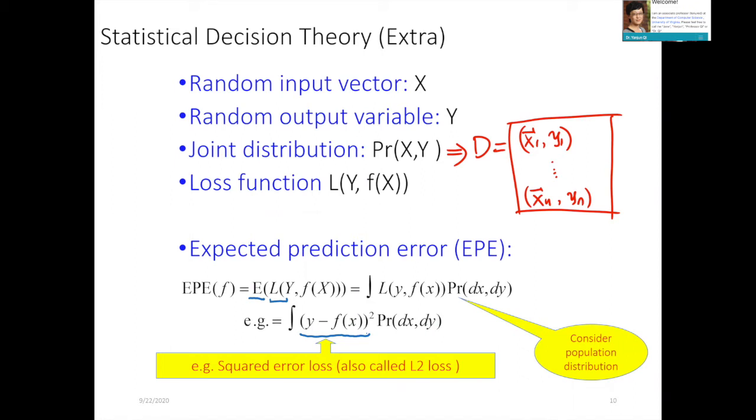The probability is then the joint probability of x and y together, and the expectation we are taking is on top of this joint probability, considering both x and y. We can call that the population distribution.